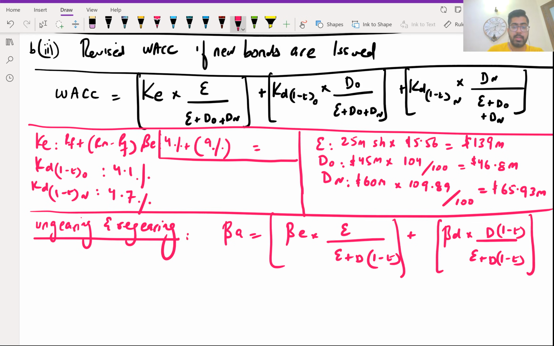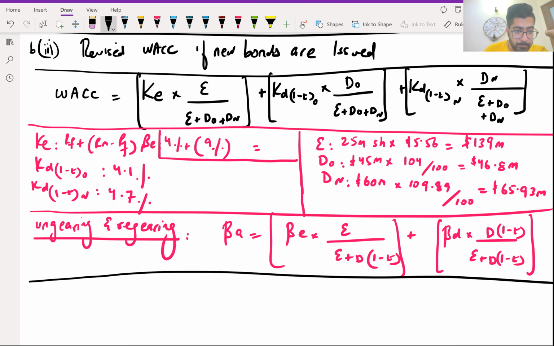Okay, let's start ungearing. In ungearing, we find beta asset. But we don't have beta asset for this combined unit, for garden plus outdoors. We have beta equity of garden, 0.9.